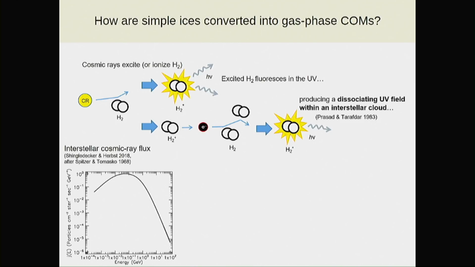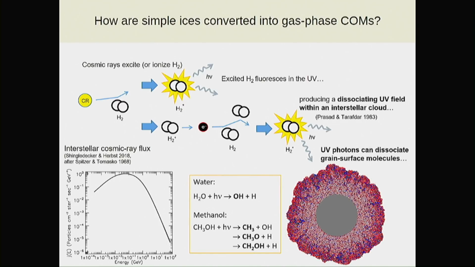What we've been doing over the, let's say, past decade, though, is to consider what happens when this UV field impinges on these dust grain surface ices. One of the effects that we would expect to see is that water, which is still a primary component of these ices, can be dissociated by a UV photon into an OH group and an H group.